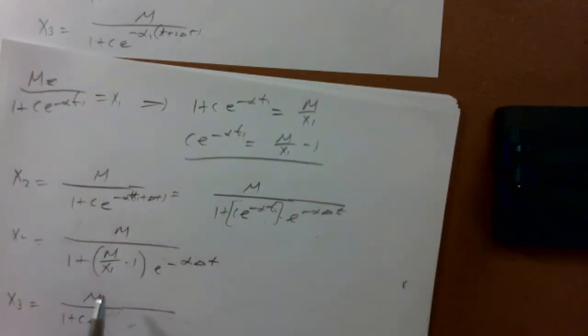So x3 is m over 1 plus c e to the minus alpha T3.